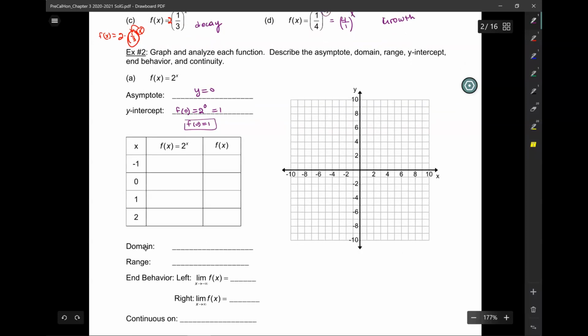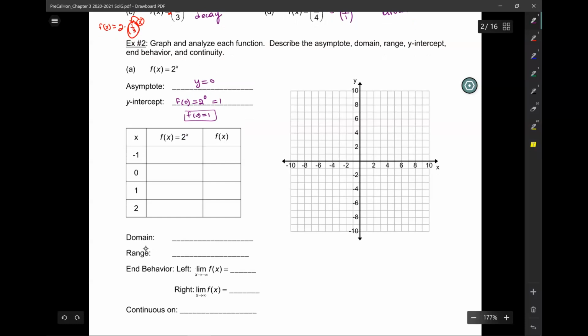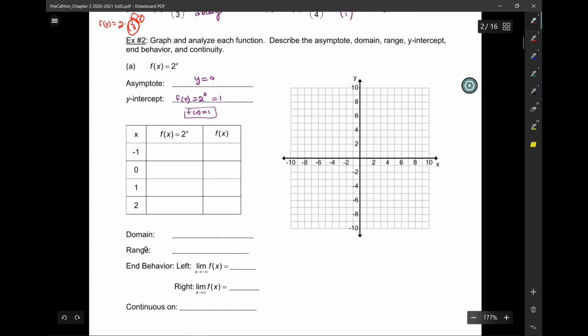All right, to graph, I like to pick points. Now 2 to the x is growth. For growth, I generally like to pick -1 to 2 for my x values. Is that a rule? It's not. It's merely my preference. But I find that these values generally tend to give the most manageable values for y, right?